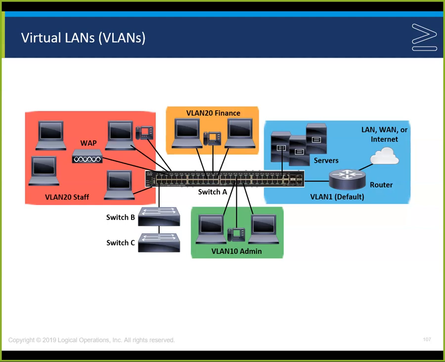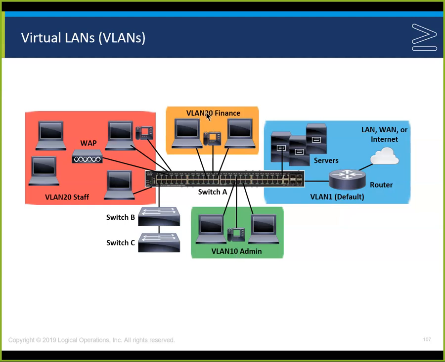Here's a picture of what we might have in the different VLAN configurations. With VLAN 20, we've got staff here on VLAN 20, finance, VLAN 20. That's not going to work. This should be a different VLAN number. VLAN 1 is the default VLAN. 10 is the admin.